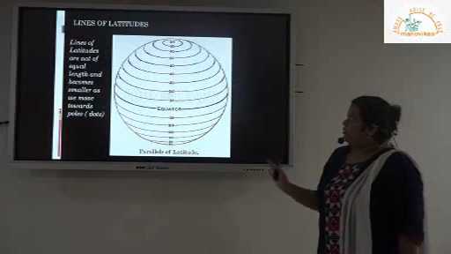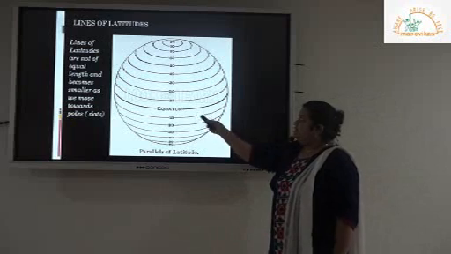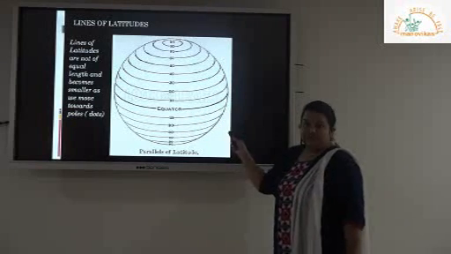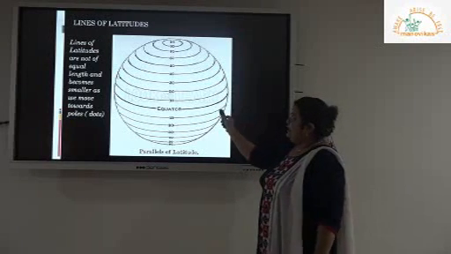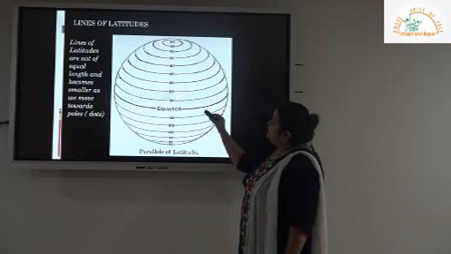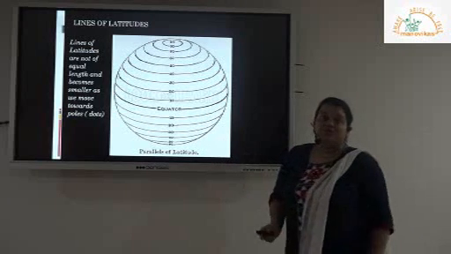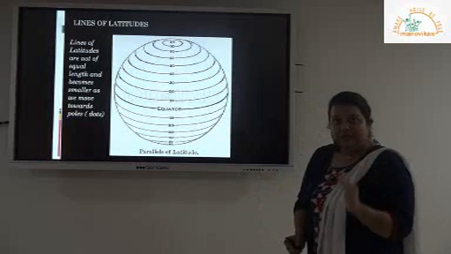This is a simpler diagram of lines of latitudes. If you check the equator, this is the greatest circle or biggest circle, which is also considered the circumference of the Earth. This is 0 degrees and it is the great circle. As you are moving towards the north polar region, or towards the south polar region, the size of the latitudes will go on decreasing because the shape of the Earth is spherical in nature.